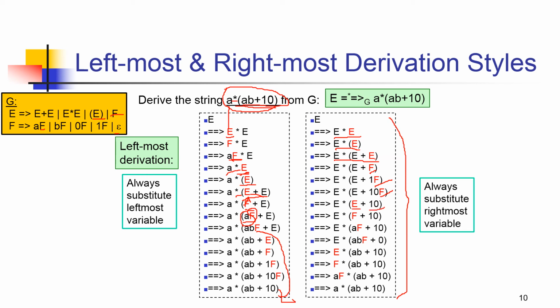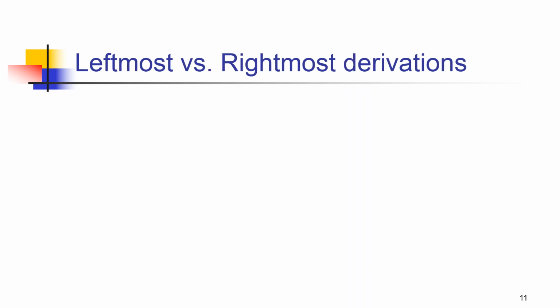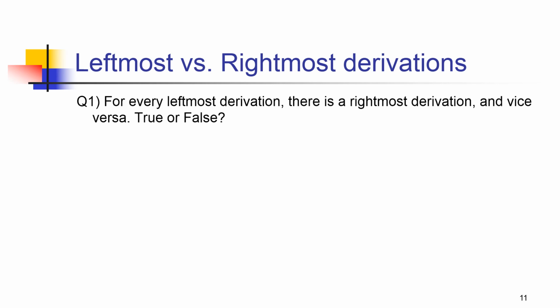Once it got converted into terminal, from the remaining ones we identified the rightmost one and proceeded to derive the particular string. At the end we got the same string. So that was the leftmost and the rightmost derivation.